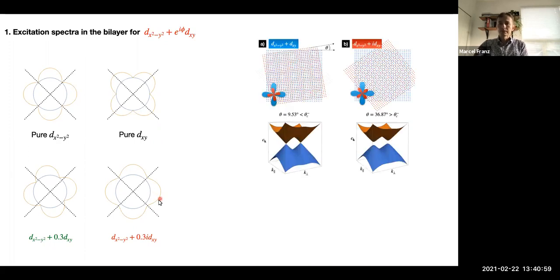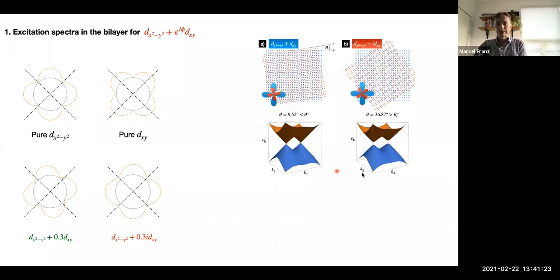Now, this is the preview of some of the results. What we find through, again, various types of modeling is that if you assemble two such monolayers with a relatively small twist angle below a certain critical angle, then you find a situation that is energetically preferred that is similar to this.